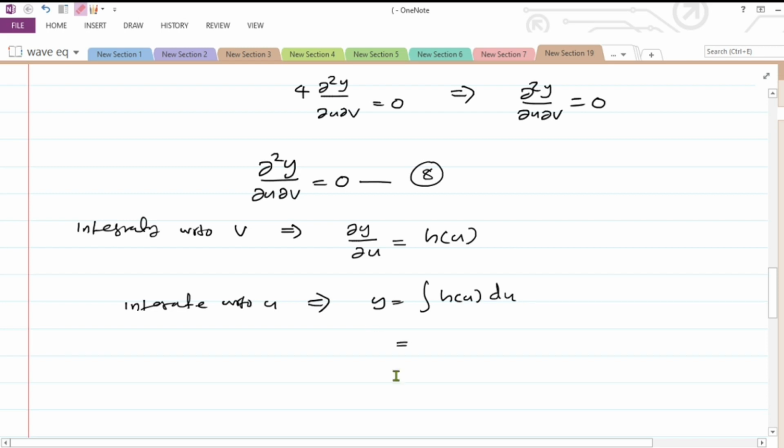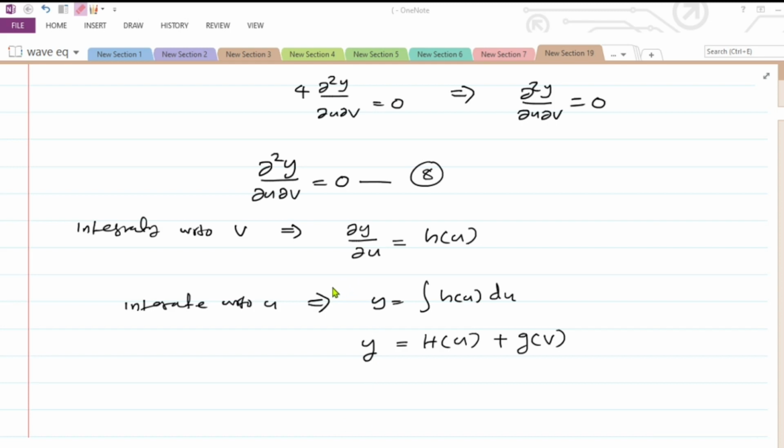By integrating this, we write capital H of u, plus, since we are integrating with respect to u, some function of v, so we write g of v. So y is equal to H of u plus g of v.